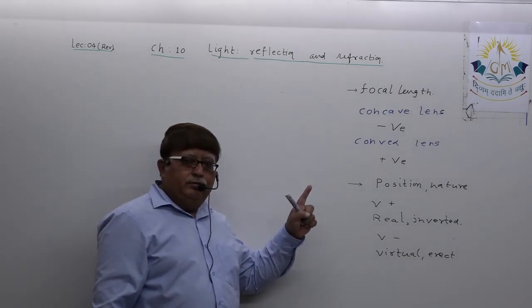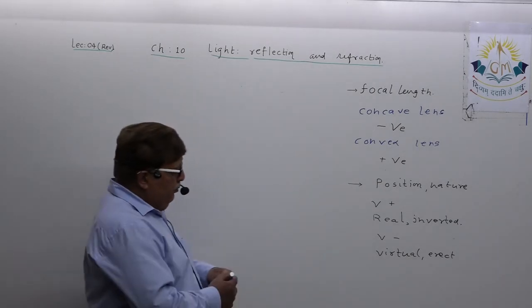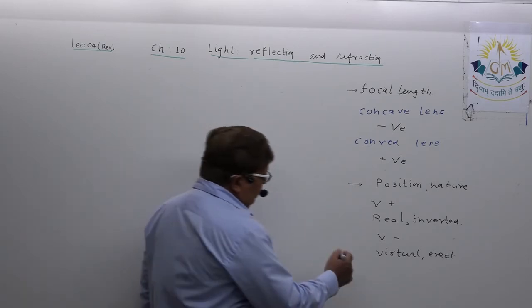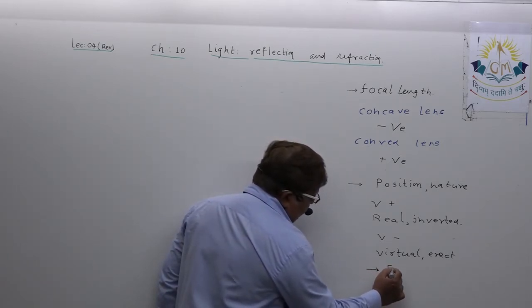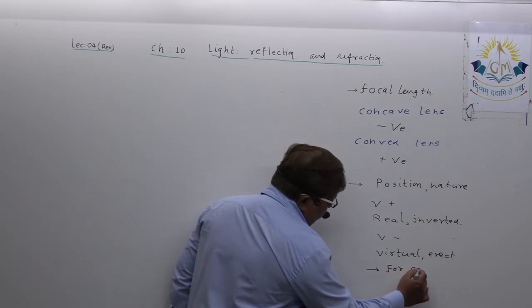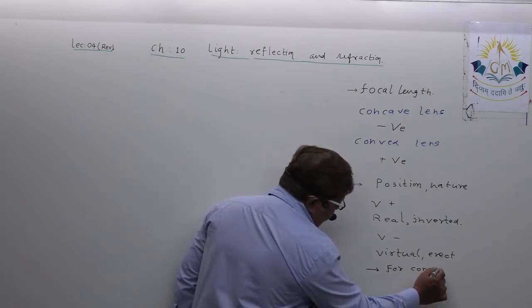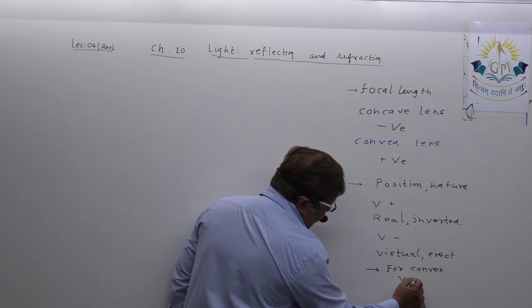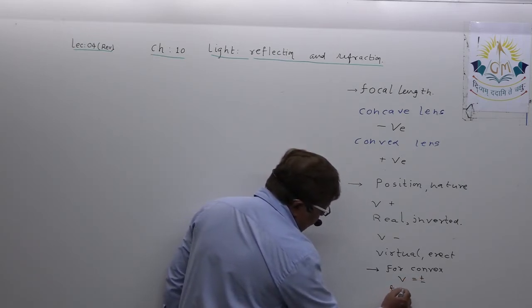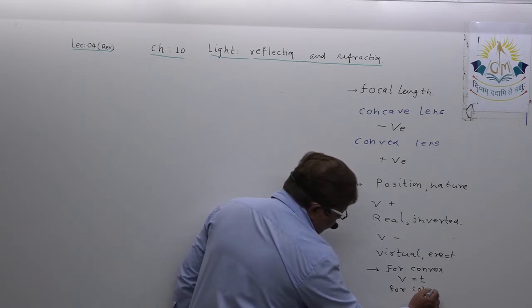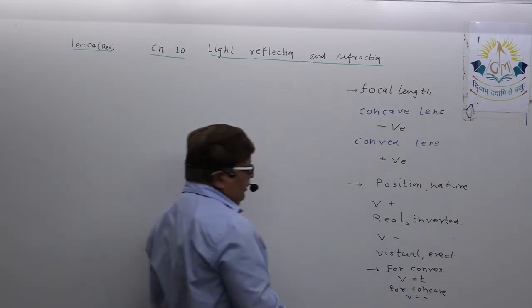One more point I need to mention: for convex, V may be plus or minus, but for concave, V is always negative.